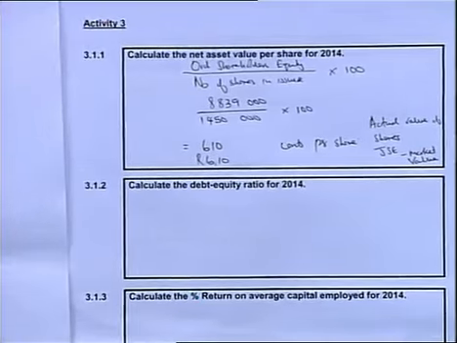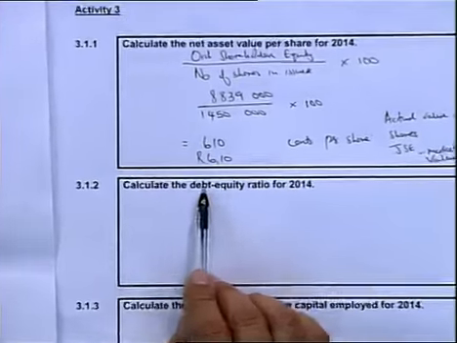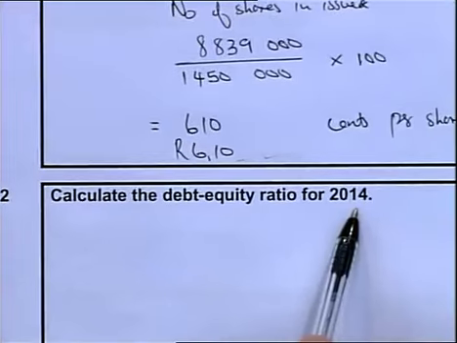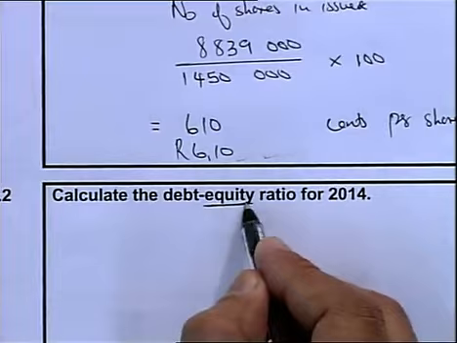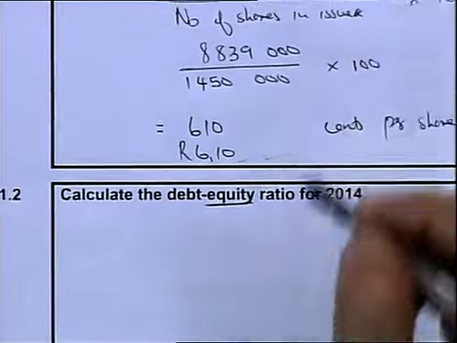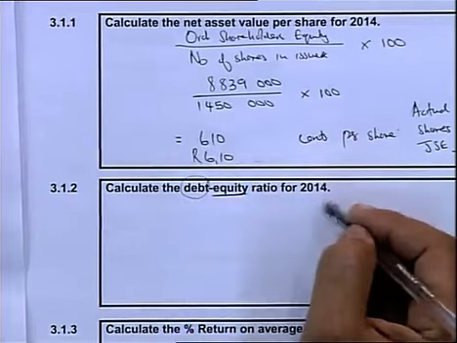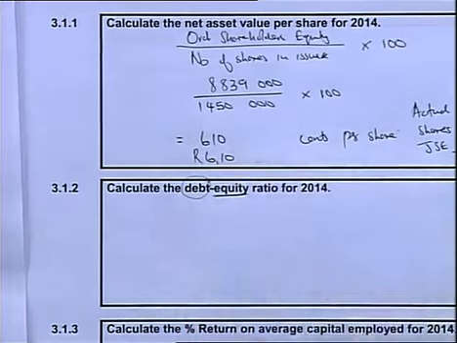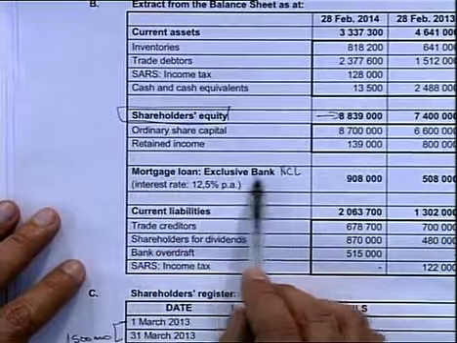Okay. The second part, the second question, it says calculate the debt equity. Right. Now normally debt equity, there we see the word equity, so we have to refer to ordinary shareholders' equity. And debt, that's the money that the company owes. Okay. The money that the company owes will be in the form of a loan, right, or a non-current liability.